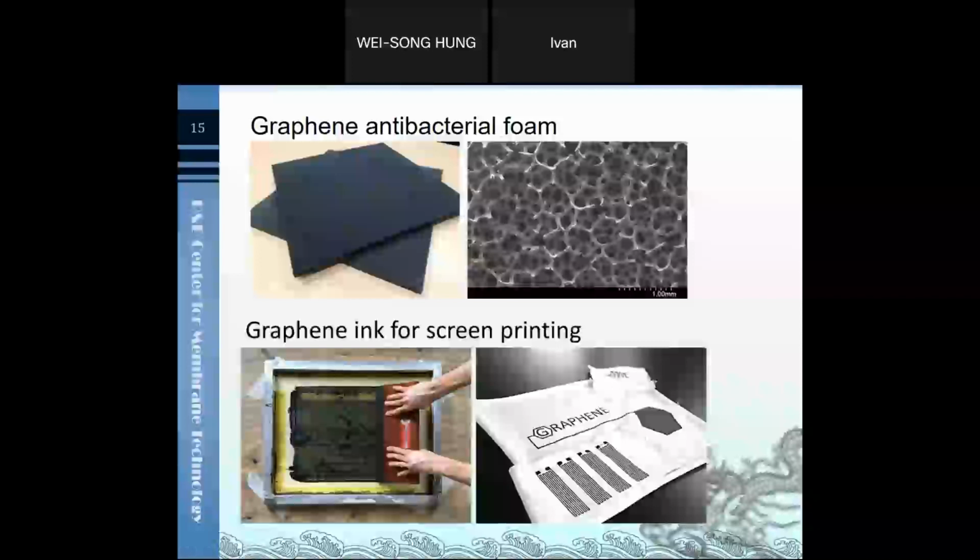Here we also show we can prepare a graphene sponge structure based on the graphene membrane, and this graphene ink is also easy to cast on paper or on wood, to form a good conductive graphene layer.